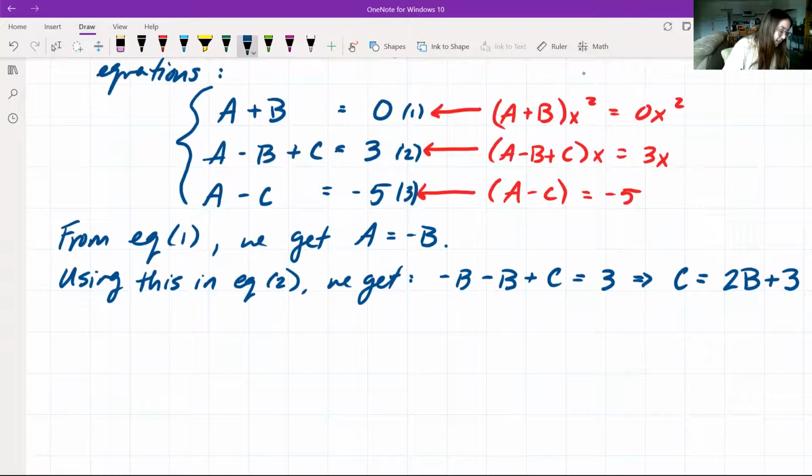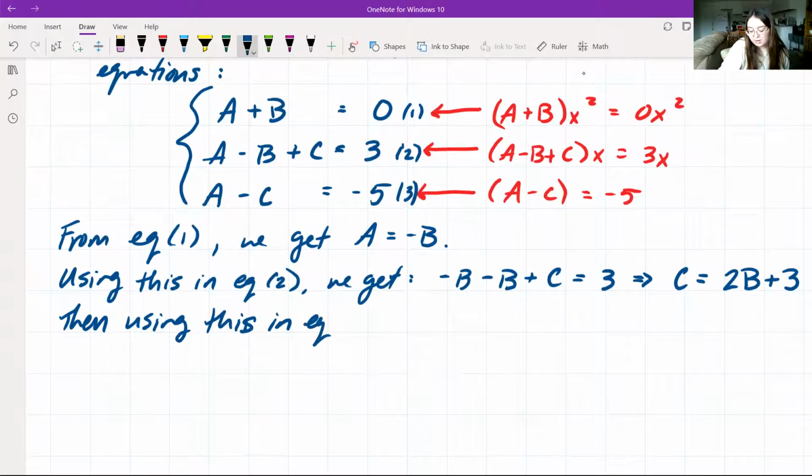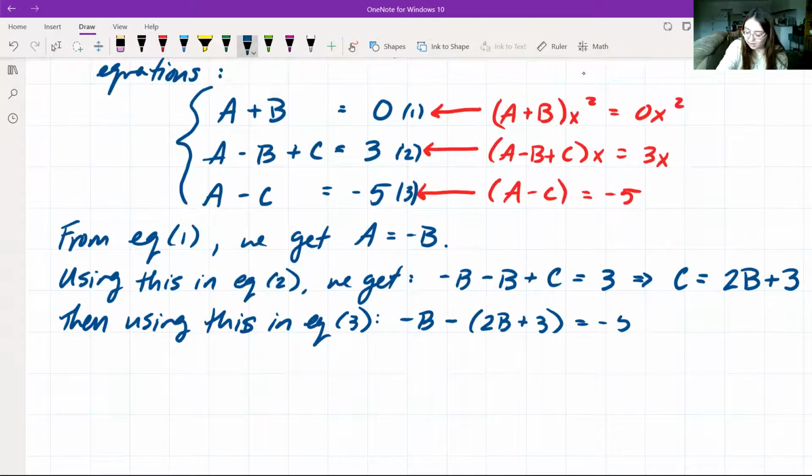Then we can use this in equation 3. So for equation 3, we're going to replace a and c so that they're both in terms of b. We get that a is negative b minus c, which is 2b plus 3, is equal to negative 5.